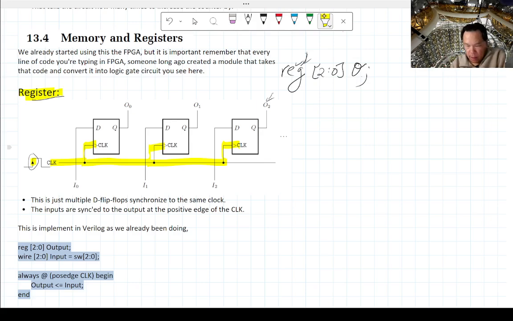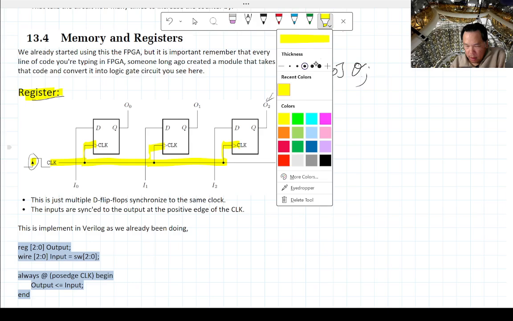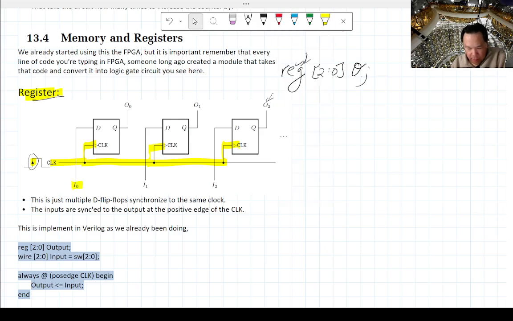The inputs are connected directly to D, so whenever the clock goes from low to high, whatever I0 is gets sent to O0, and that's how these O's all get synchronized together.